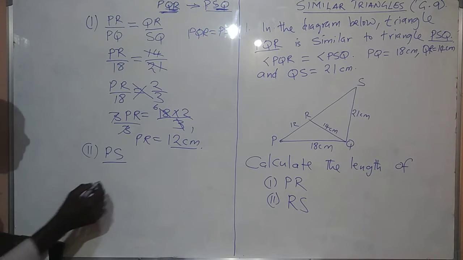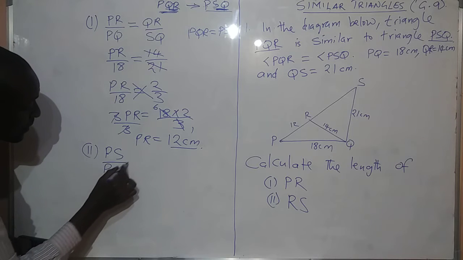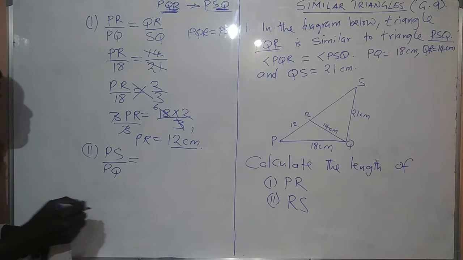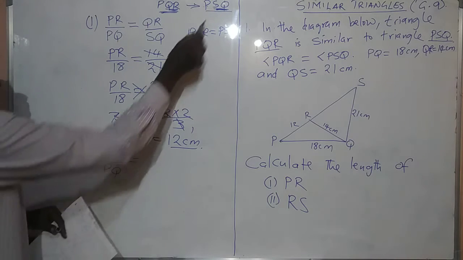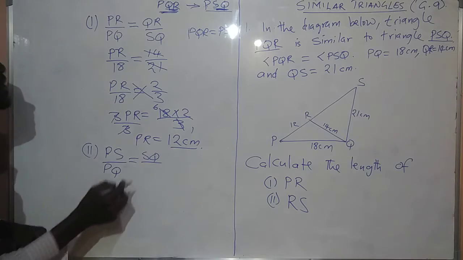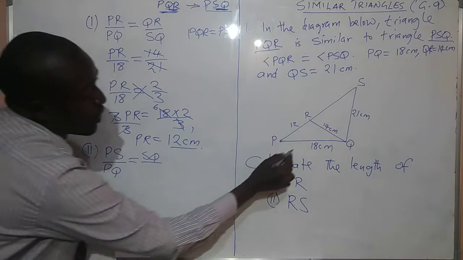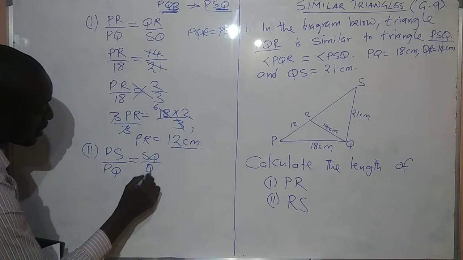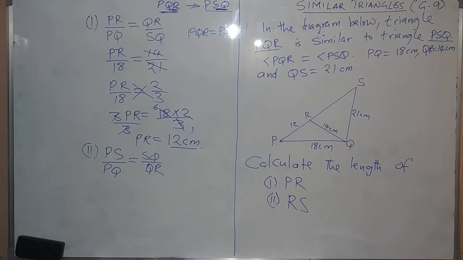And this should be equal to SQ from the big triangle, divided by QR. So we can substitute there.